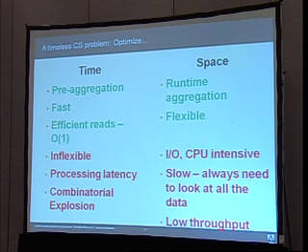In most cases, if we want to optimize time, we apply this operation of pre-aggregation, which basically reduces the cardinality of your data set by orders of magnitude, which leads to really fast queries and efficient reads, which are basically independent of the size of the initial data set. But it's also pretty inflexible, and you get the latency added by the processing layer. And you get a combinatorial explosion in some cases.